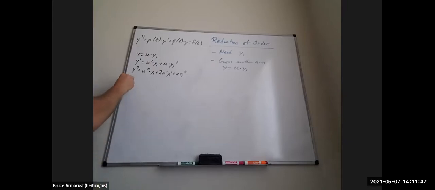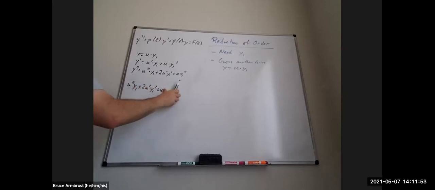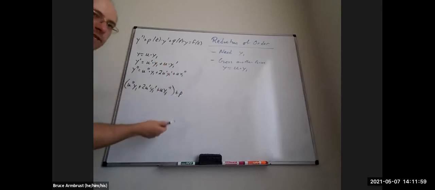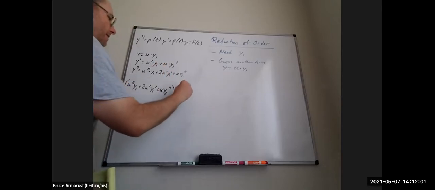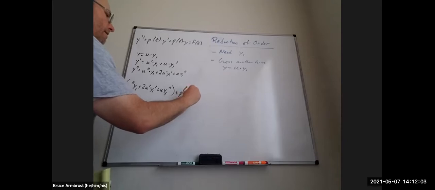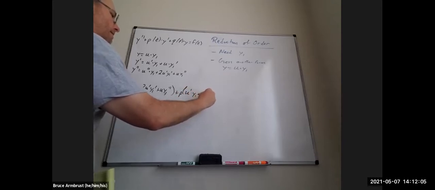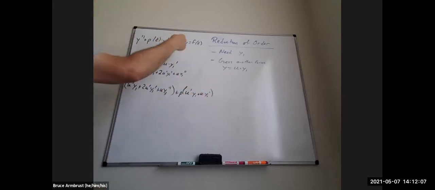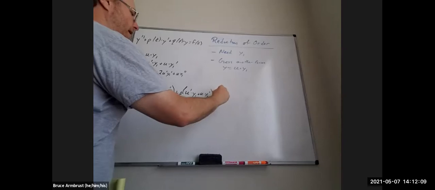So we're going to get the y double prime plus p of t times y prime. I'm just going to write it p to save ourselves a little bit of writing. And then plus q times y.